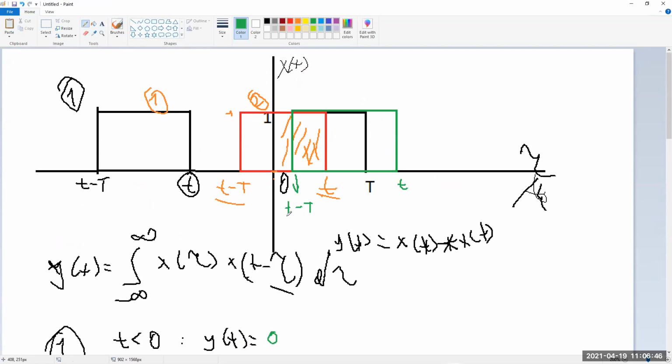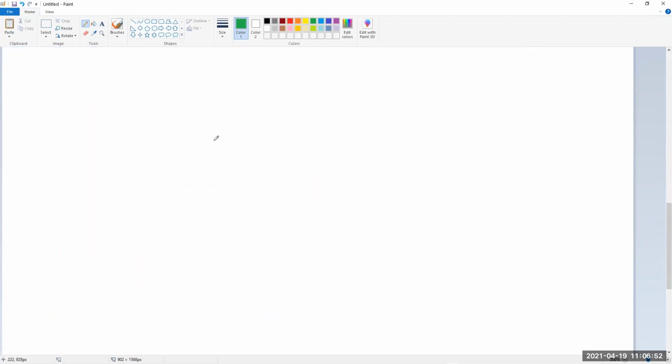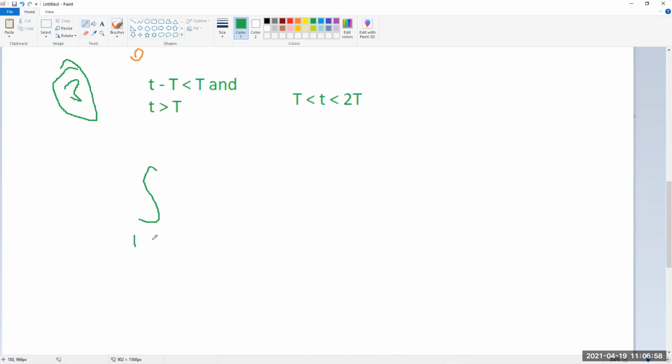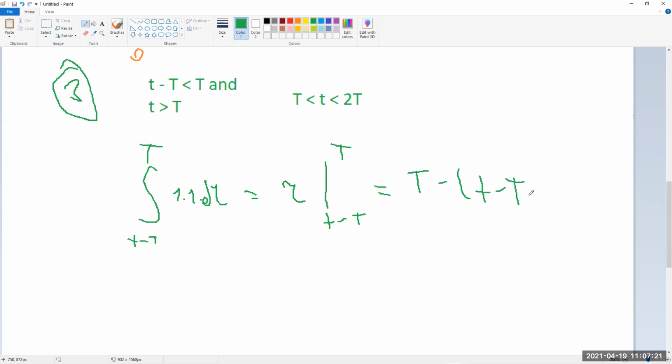As you can see, it's from t minus big T to big T. And again, it's 1 times 1, 1 d tau, and it's again tau from t minus big T to big T. And we got big T minus t plus big T, so 2T minus t.